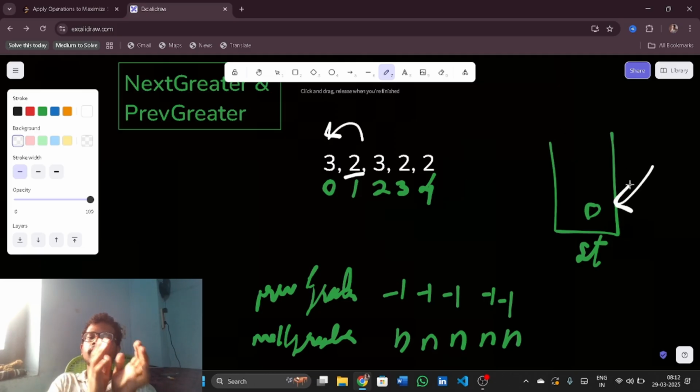What this stack stores is the indices I got till now. Now I have 0, which has 3.